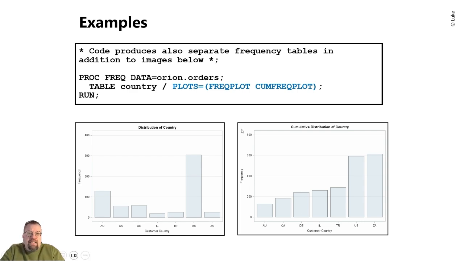And already we see that even with the very basic form using this, we get quite nice looking graphics as an output, because by default the ODS graphics is designed so that it gives you good quality graphics.